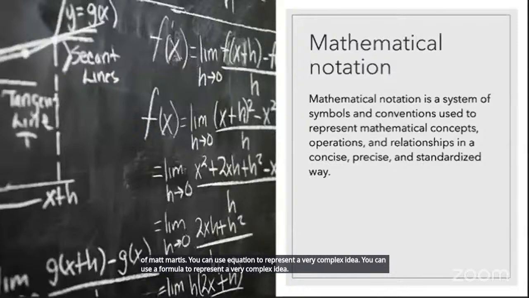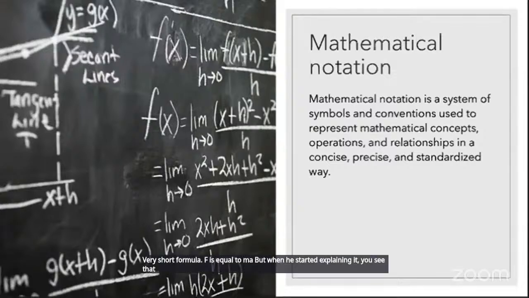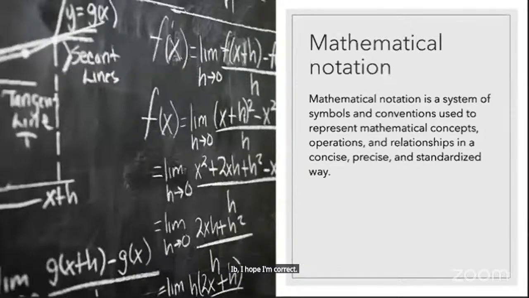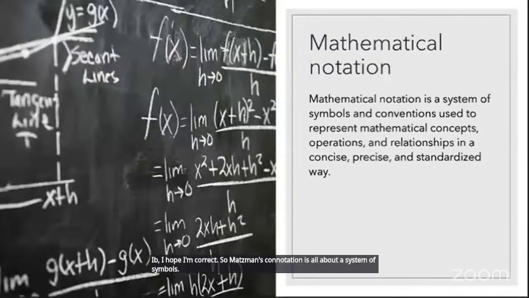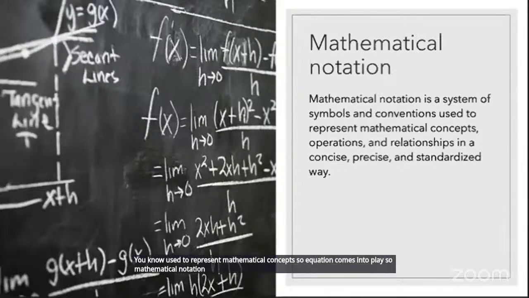Like Newton's second law, a very short formula, F is equal to MA. But when you start to explain it, force is equal to the product of mass and acceleration. I hope I'm correct. So mathematical notation is all about a system of symbols used to represent mathematical concepts. So equations come into play.